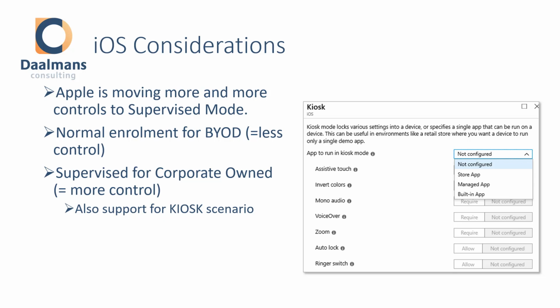So you see that Apple is moving towards more and more supervised mode. Basically, if you have a normal enrollment for bring your own, then you have less control. If you have a supervised device via DEP or the Apple Configurator, then you have more control.